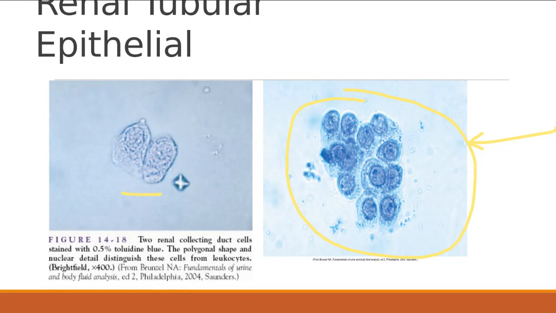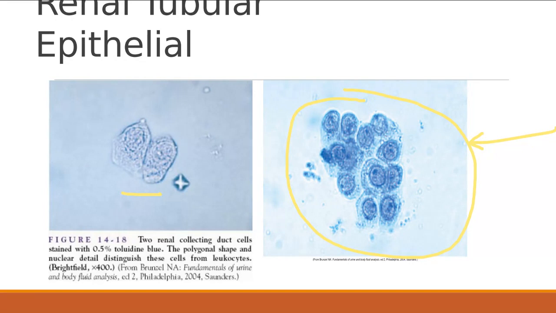They have smooth cytoplasm. They sometimes resemble casts because they're so clumped up, and we'll look at casts in a minute. They can be variable in shape, but typically they're going to be round. And they have a very dense nucleus.